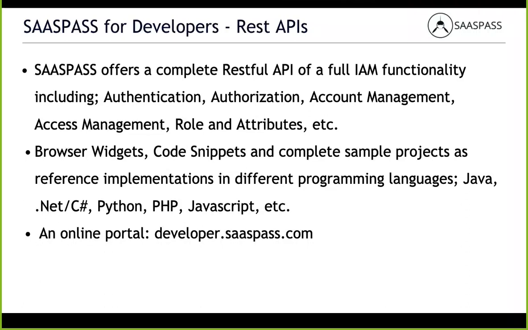Implementing the SAASPASS RESTful API is really very simple, and it is simple for every developer, including beginners. But still, SAASPASS offers more tools and utilities to make your task even easier. We offer complete ready plug and play browser widgets.